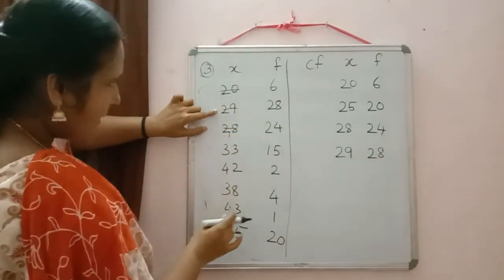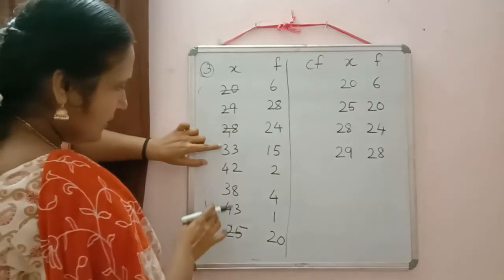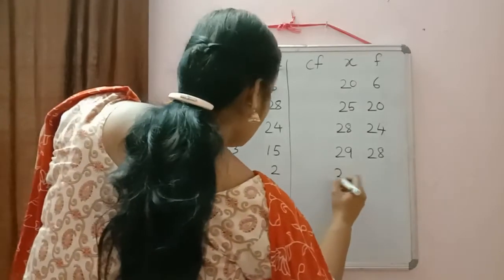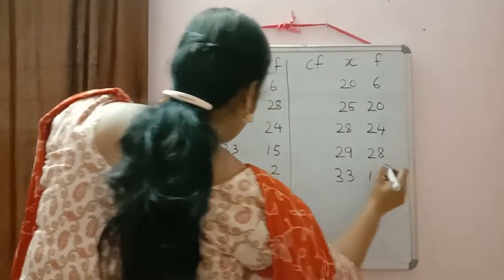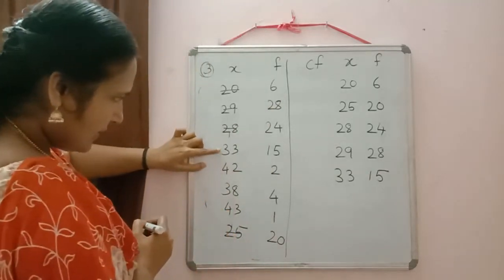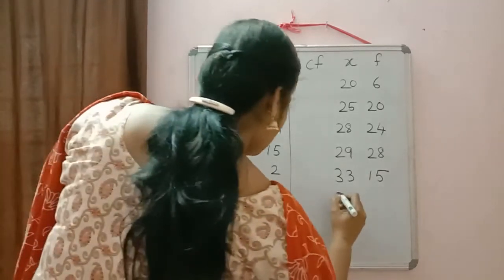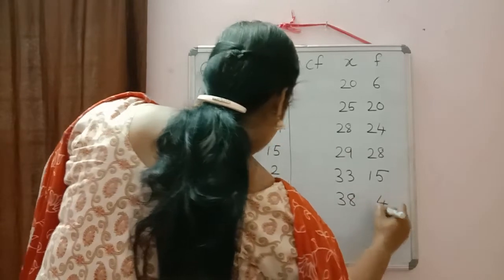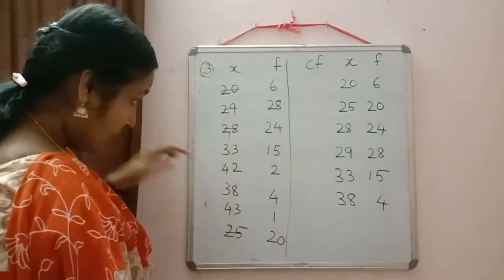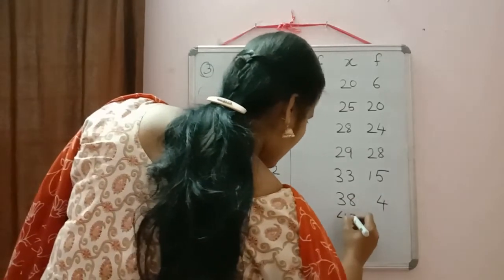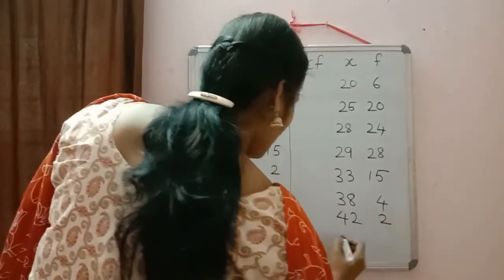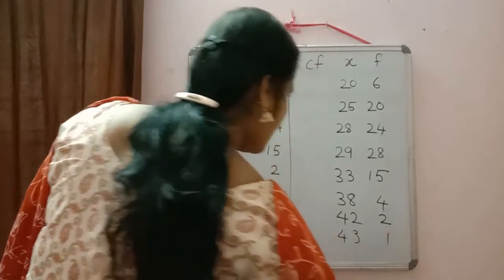Then after 29, here it will come 33, with frequency 15. Then next comes 38, its frequency is 4. Then next 42, frequency is 2, and then 43, its frequency is 1.